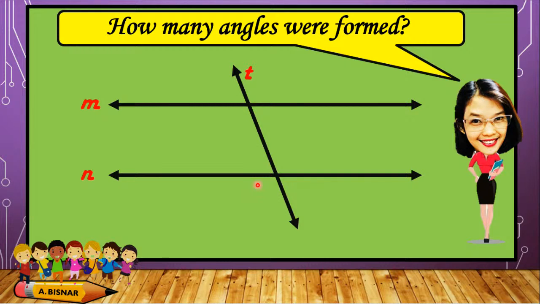I am waiting for the answers. How many angles were formed when a transversal passes through line M and line N? Okay, someone answered 8. How about the others? What's your answer? How many angles were formed when this line passes through these two lines?